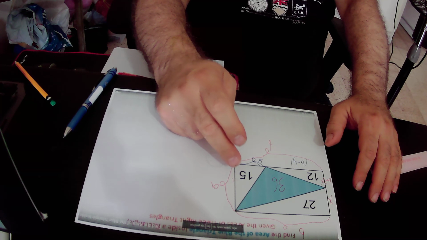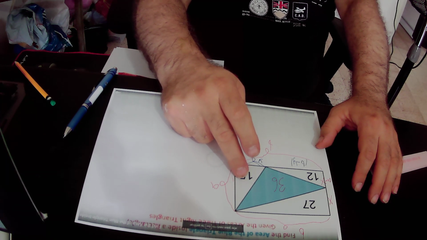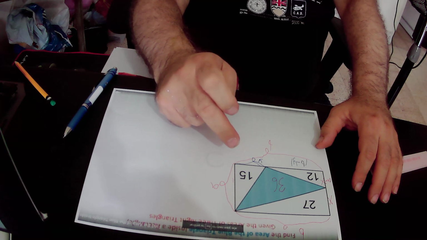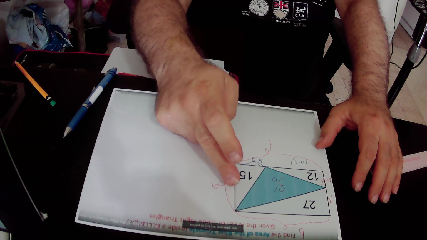And we found out that the area of this triangle, which is 15 units, is the base of the triangle times the height of the triangle divided by 2.